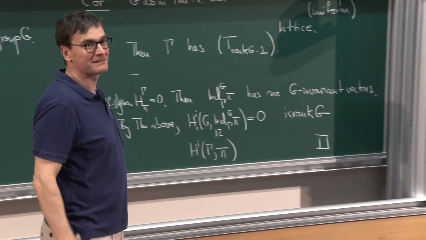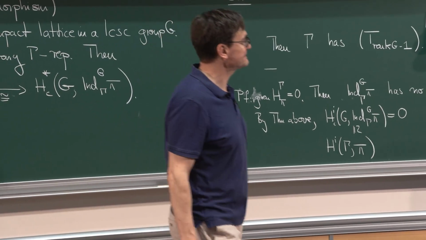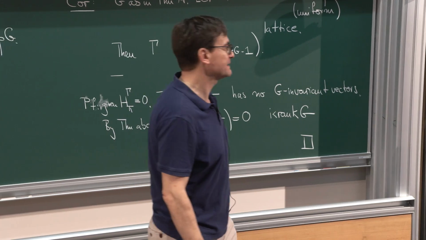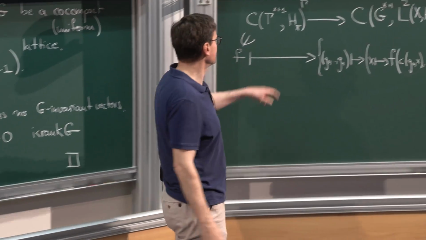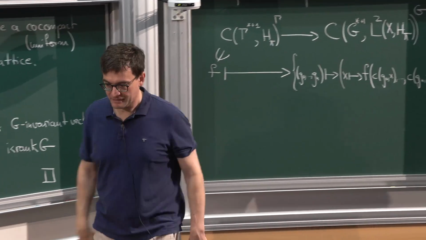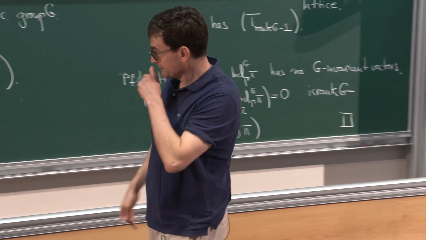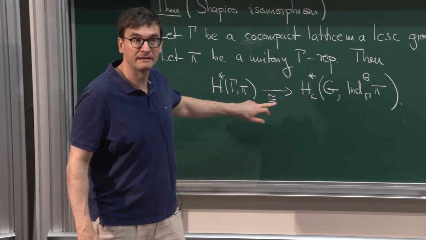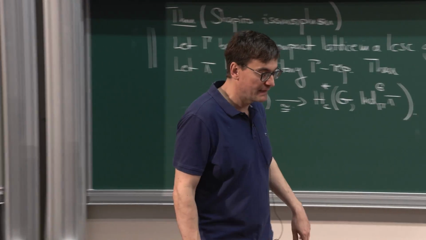There you need the cocycle property of this lattice cocycle, and that it's a chain map is actually quite obvious. But that it respects this equivariance is a little annoying calculation. But that's the homomorphism that induces this in the cocompact case.